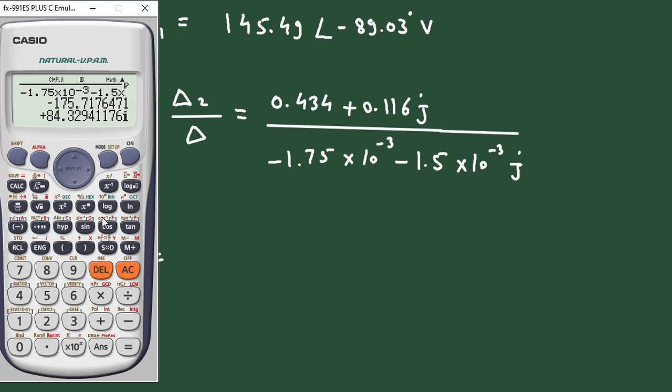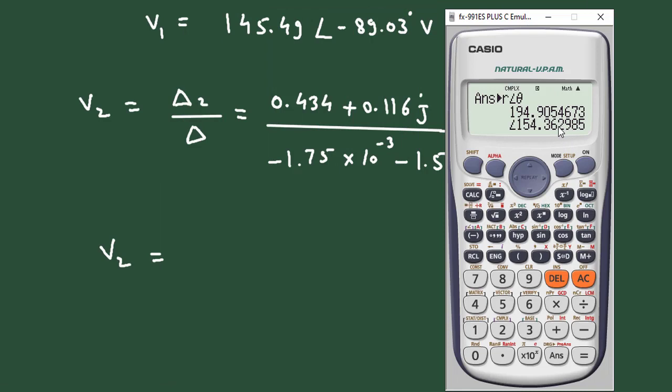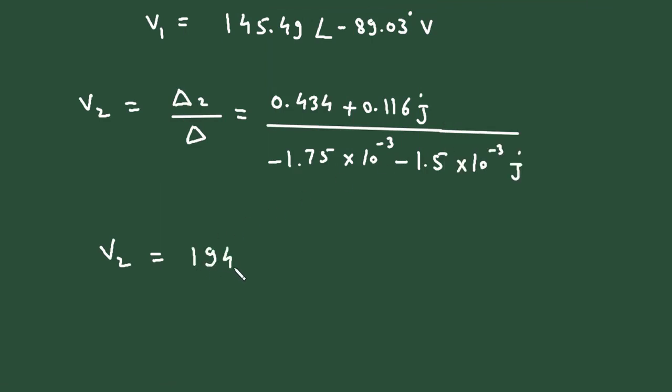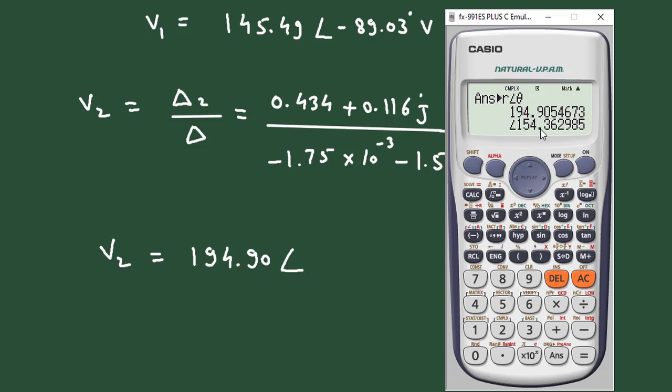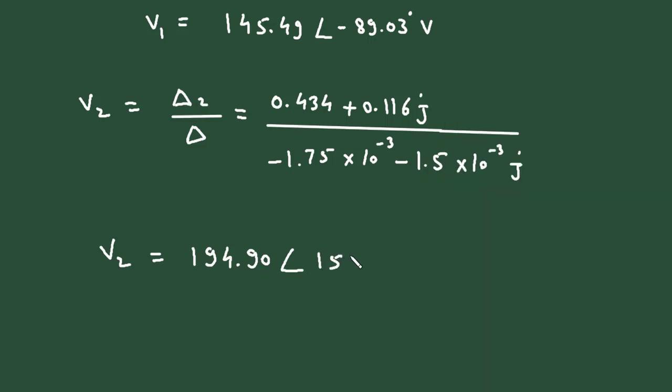It is equal to this much in rectangular form. In polar form, it is simply 194.90 at an angle 154.36 degree volt.